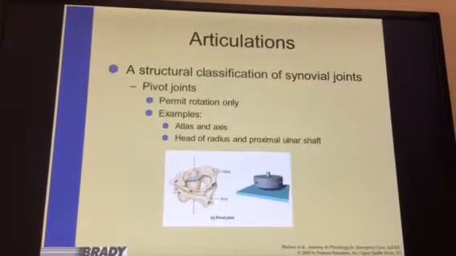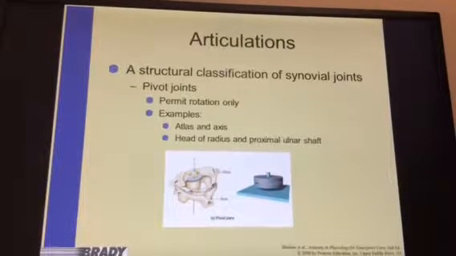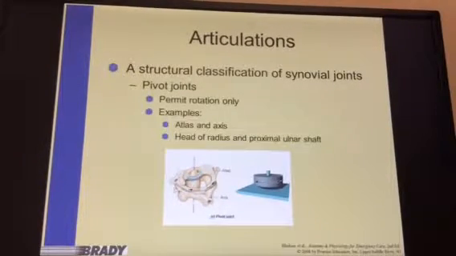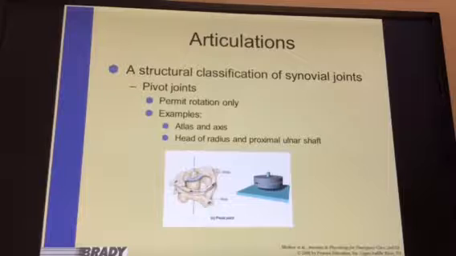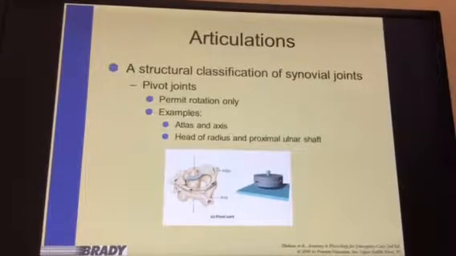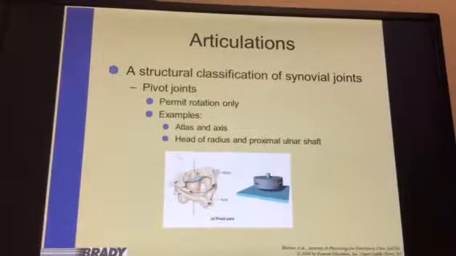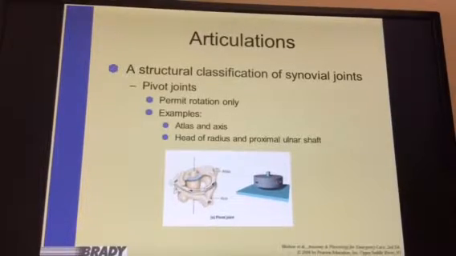When we're talking about pivot joints, again, I talked about this in a previous lecture. This process right here, if you remember that, the dens and the dens ligament allow our atlas to rotate on our axis. Again, C1, C2, those are important ones to know.